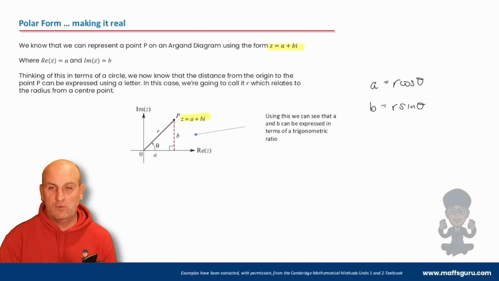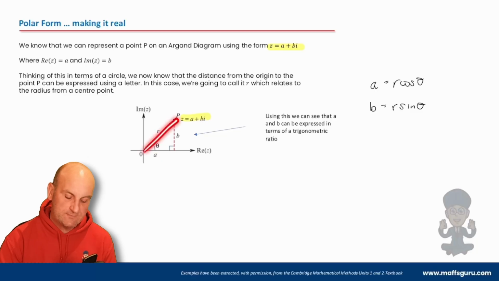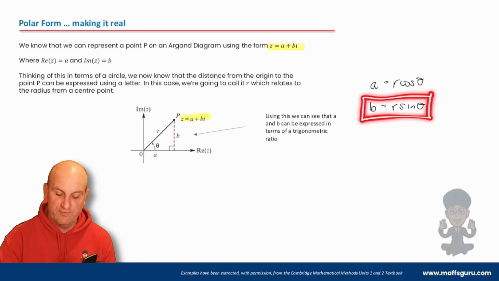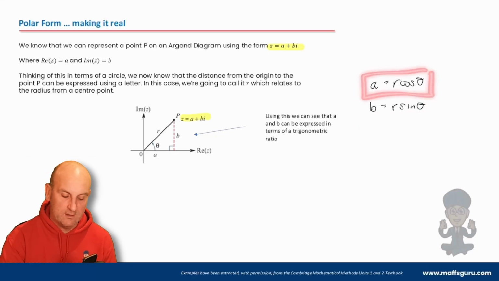That's nothing more than basic trigonometry, because if I know this angle is theta, and that's my hypotenuse, the opposite and hypotenuse are linked by sine, so B is equal to R sine theta, and A is equal to R cos theta.